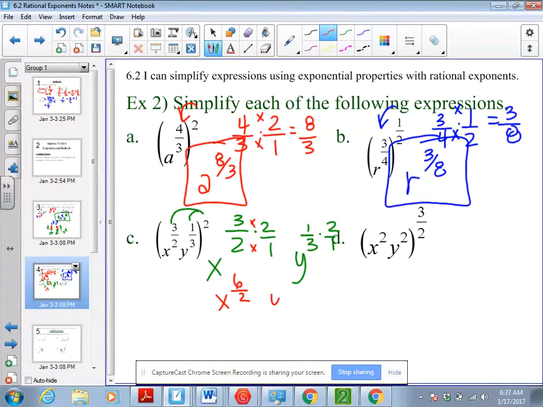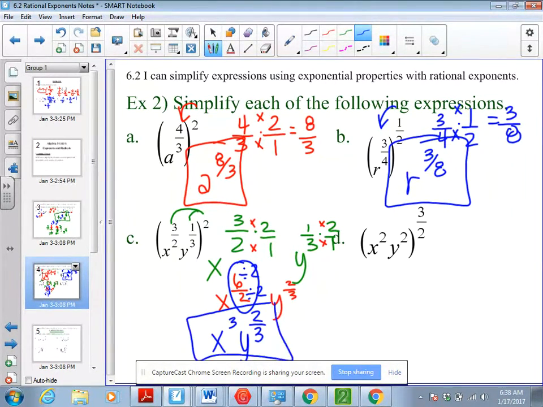This one is going to become y to the 2/3. Now, this I can divide evenly, right? If I divide both of these by 2, I get x to the 3rd, y to the 2/3. That one can't be simplified. So this is my answer.